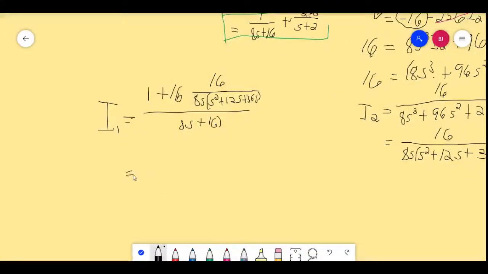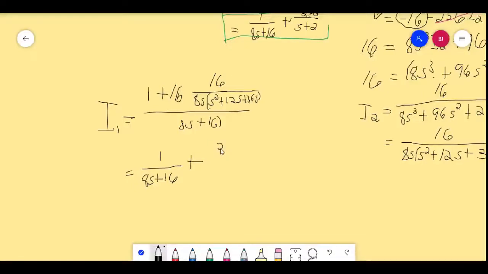So we have 1 over 8s plus 16. Then we multiply this. Oops, not an equal sign, but a plus sign. So I'm going to separate this one here and this one.